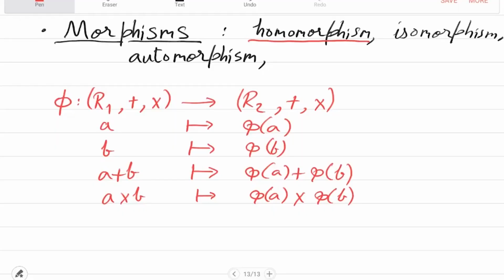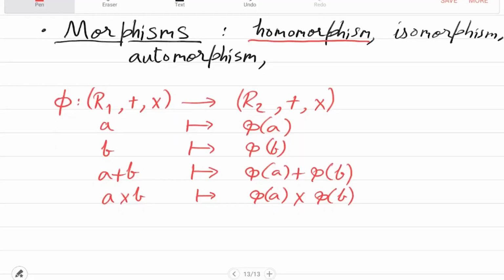Also, if there is a homomorphism, what can you roughly say about the sizes of the rings? Which ring is smaller, which is bigger? R2 may be smaller than R1. Exactly. So, well, then I have to talk about image also. Okay.